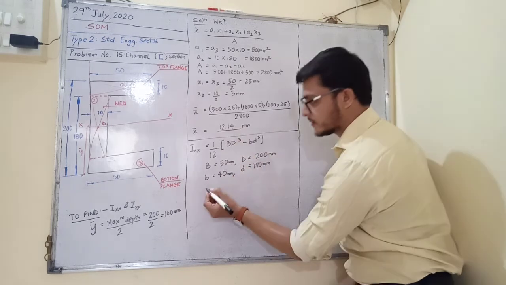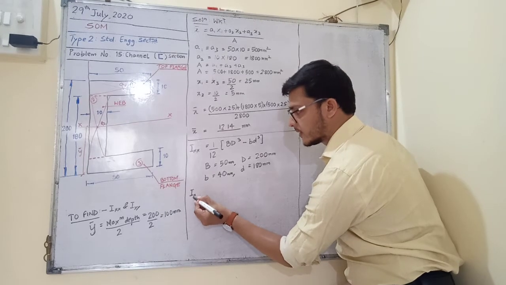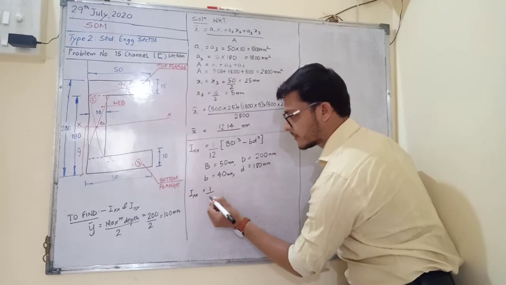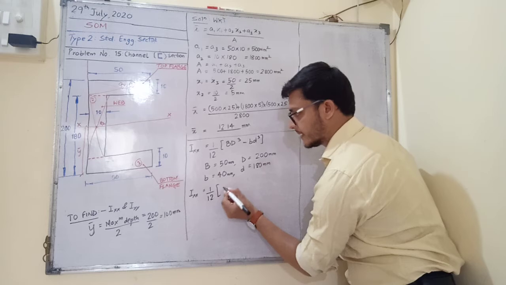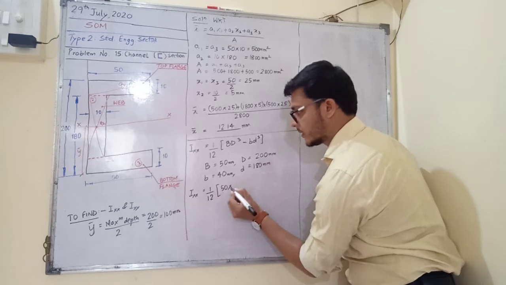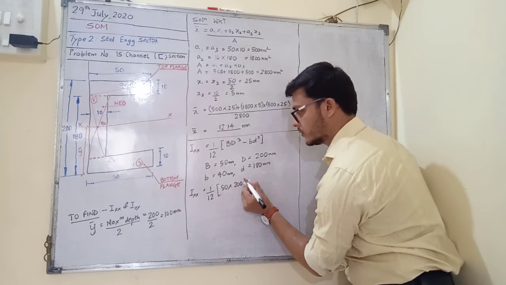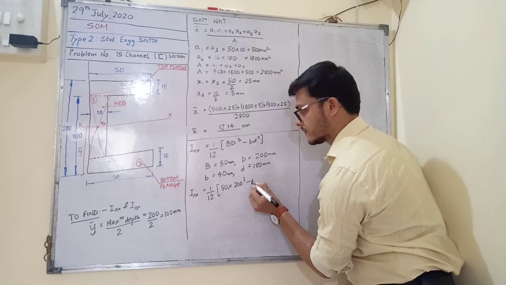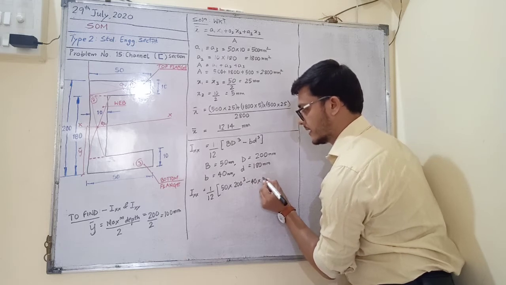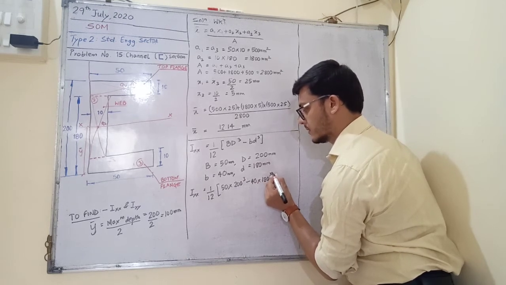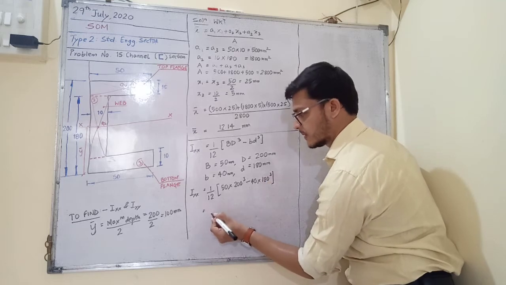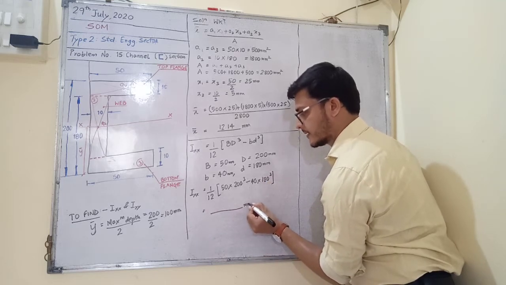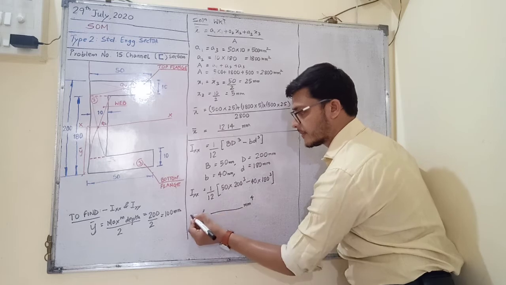Thus substitute these values in the above formula. You will get the value of Ixx. Ixx is equal to 1/12 into capital B, which is 50, into capital D, which is 200 cube, minus small b, which is 40, into small d, which is 180 cube. On solving this in the calculator, we get the answer and the unit will be mm raised to 4.